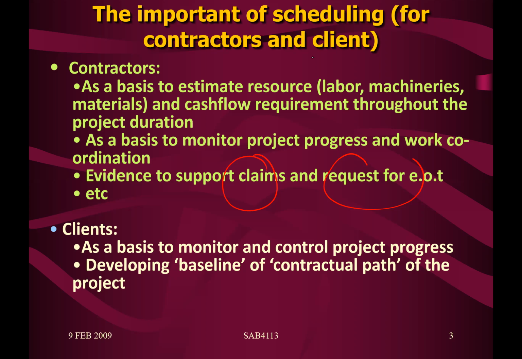And then another issue is with regard to claim. Okay, in our construction industry, the nature of payment by the client is that it comes after you do the work. After you do the work, then only you can submit a progress claim. And that progress claim has to be supported with all kinds of evidence to what extent you have completed the work.